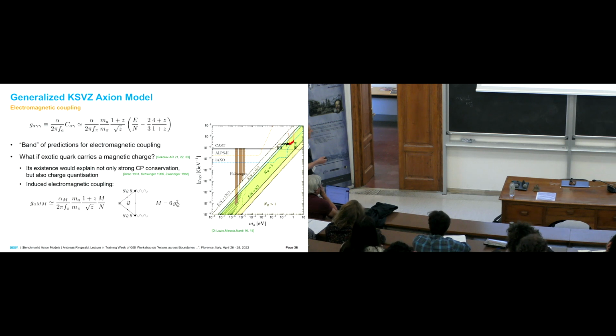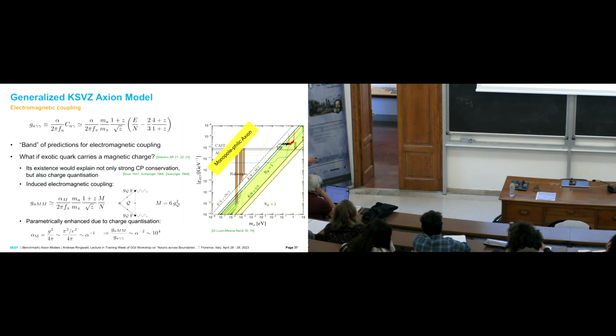And so you have replaced this alpha by this alpha magnetic, but this M is more or less the same as if you have an electric particle.